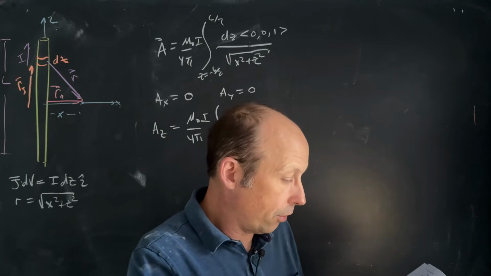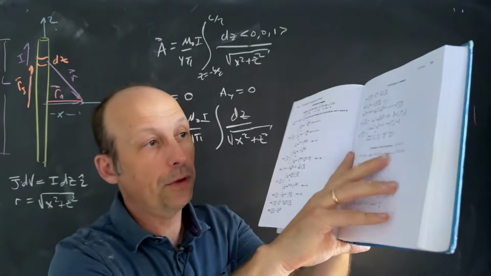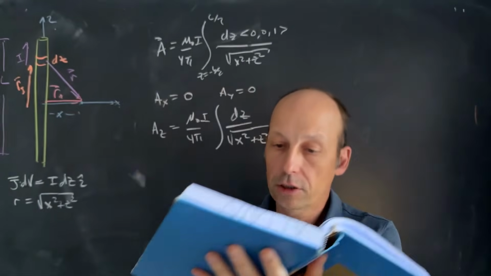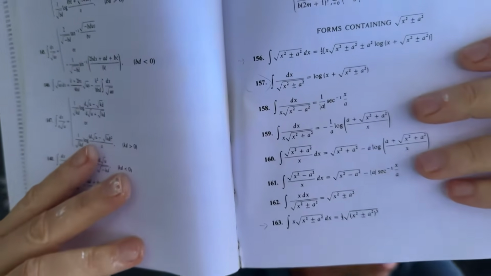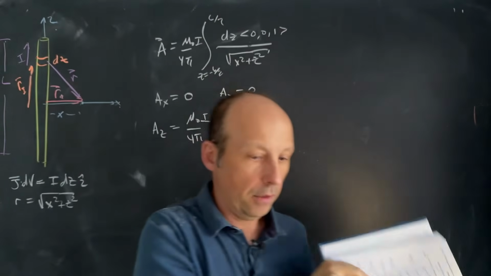So we're under forms containing the square root of x squared plus a squared right there. You can't see it. Okay. So, and if you look, number 157, let's see if you can see that. 157. That's exactly what we want. Okay.